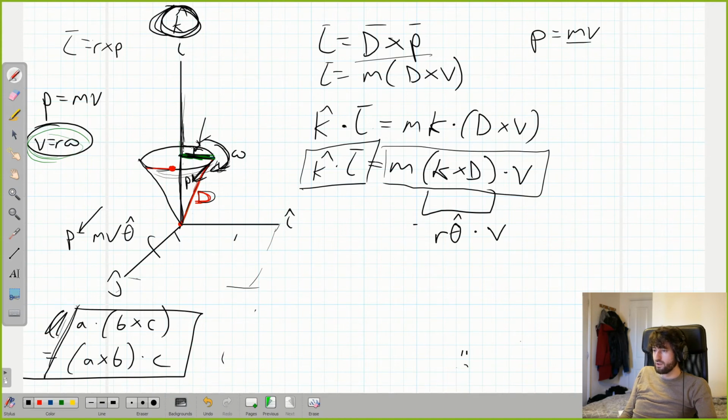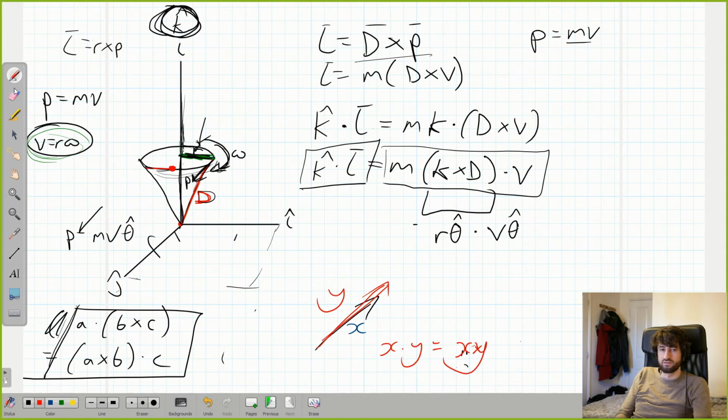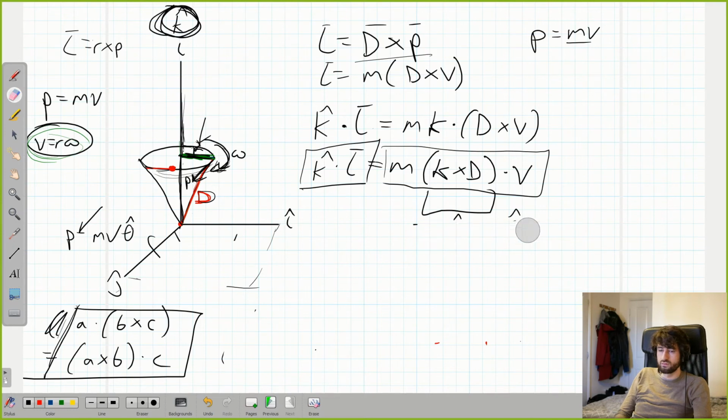If you dot something in the same direction, then x dot y equals x times y, except it's scalar. So that whole thing is just RV, and this whole thing becomes MRV.